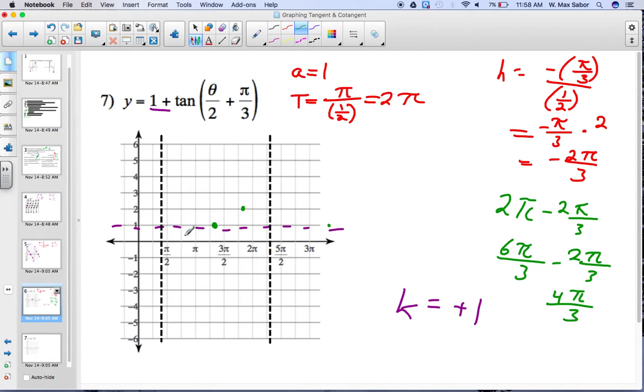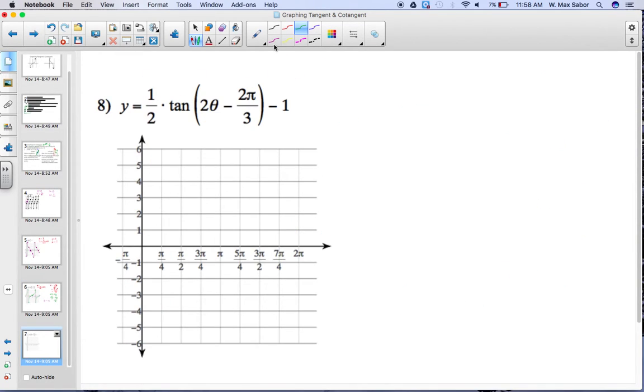And because it's tangent, we're going down 1, and this is what our graph will approximately look like. We can continue this process over here. Now, I'm not 100% sure that that's exactly where that would go, but this is a good approximation of what the graph is going to look like.